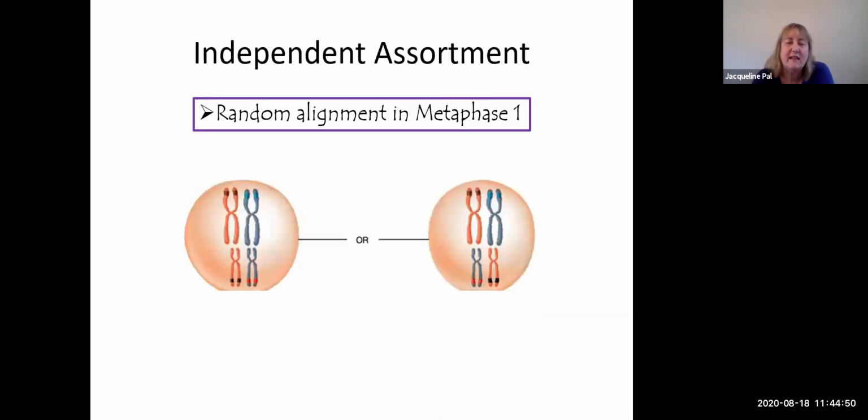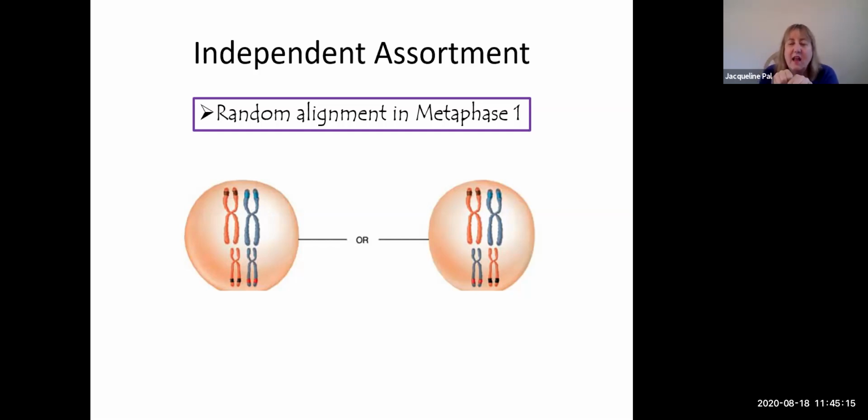Now, there is a second thing that happens in meiosis that doesn't happen in mitosis, and that is something called random alignment. And this happens in metaphase 1. So what this means is, remember, in meiosis, the homologous chromosomes line up side by side. So we have a tetrad, whereas in mitosis, they lined up single file.